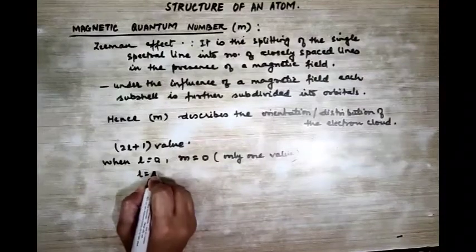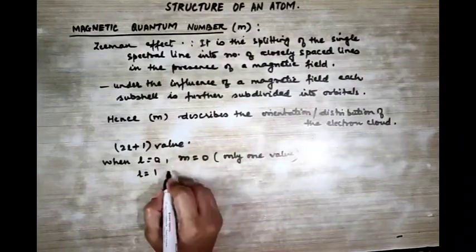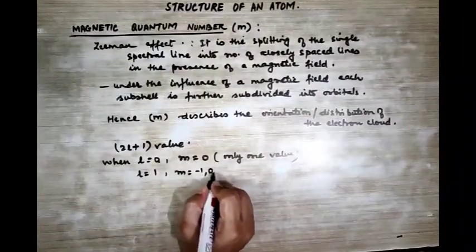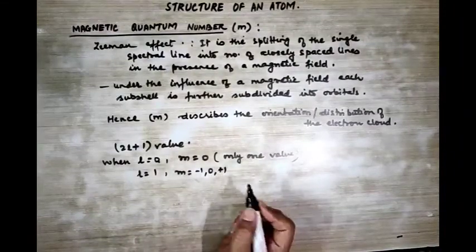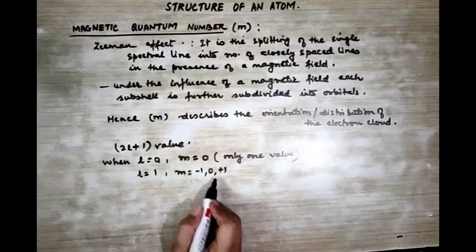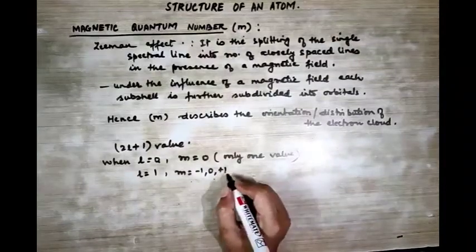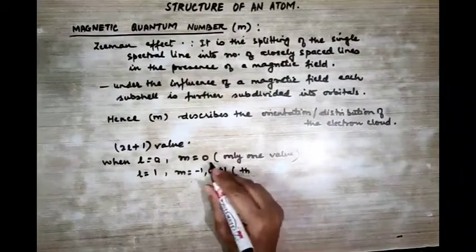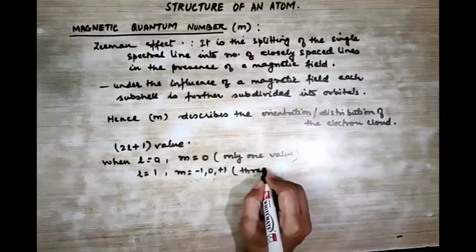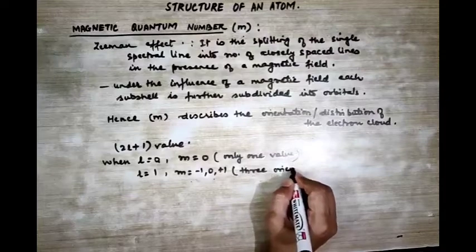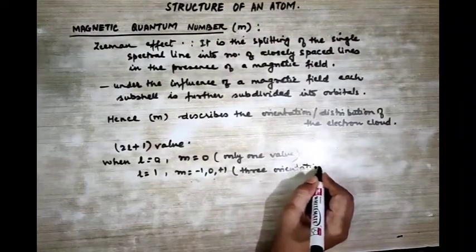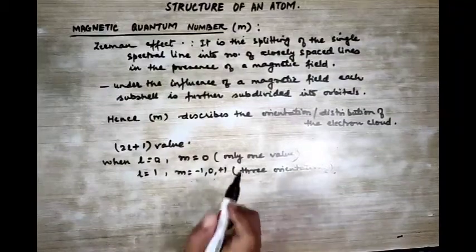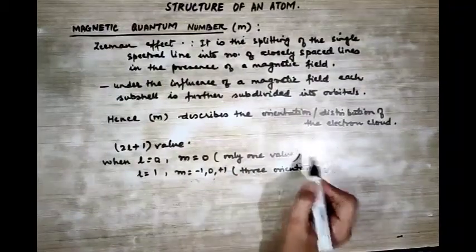When l is 1, then what is m? m will be -1, 0, +1, right? That means 3 values are there, or we can say 3 orientations will be found. Here there is only one orientation, here there are 3 orientations, okay? Are you getting my point? One orientation corresponds to only one orbital.